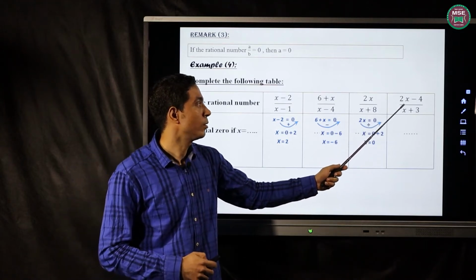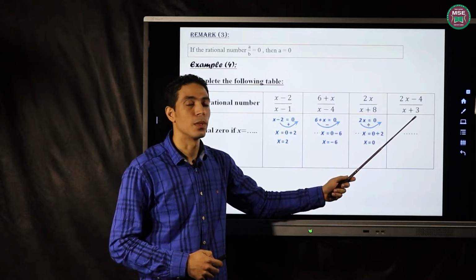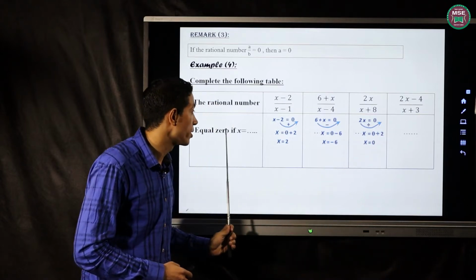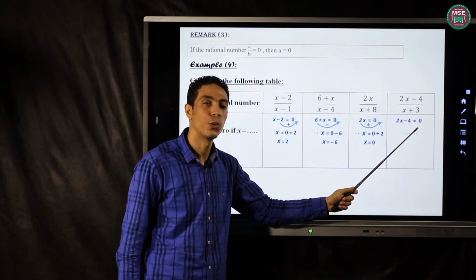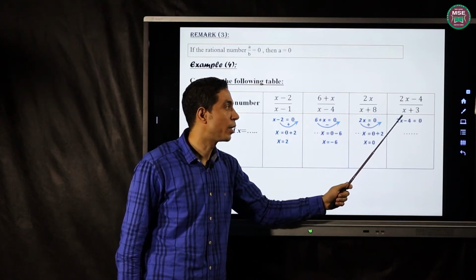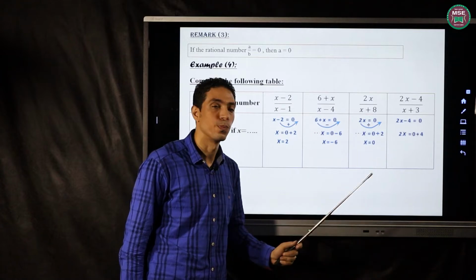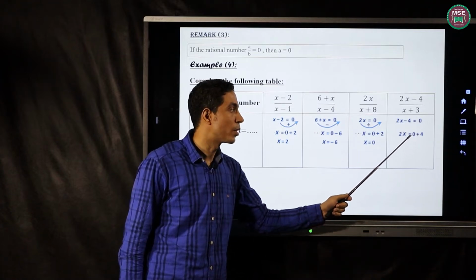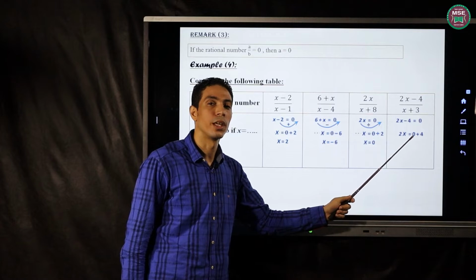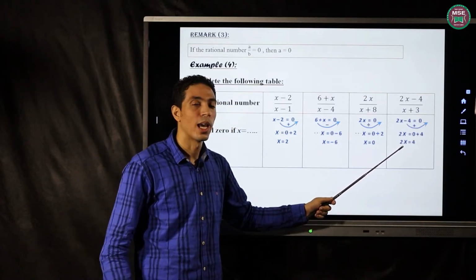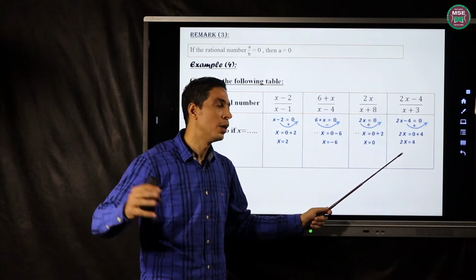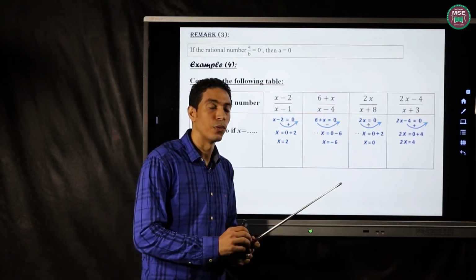Last equation: (2x minus 4) over (x plus 3) equals 0. Then we take our numerator, 2x minus 4, equals 0. Then we take negative 4 to the other side with plus, 0 plus 4, and on this side we have 2x. 2x equals 4. Between 2 and the x we have a multiplication sign, then 2 will go to the other side with division.